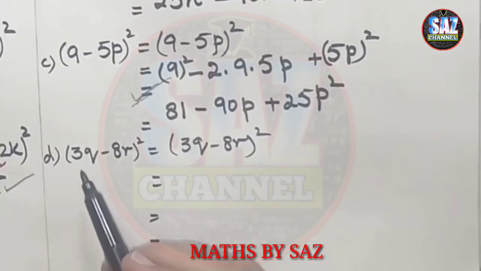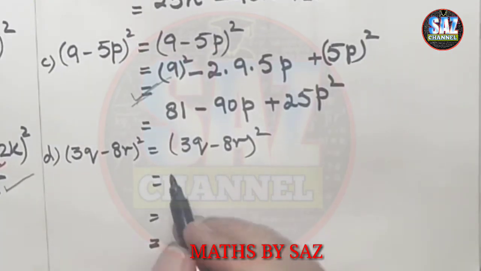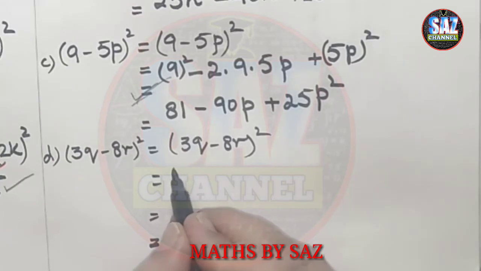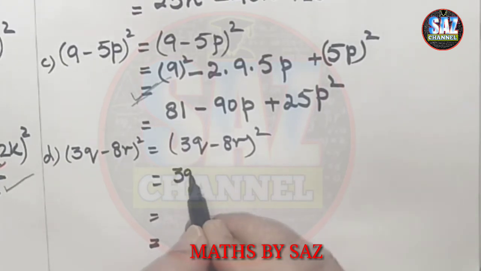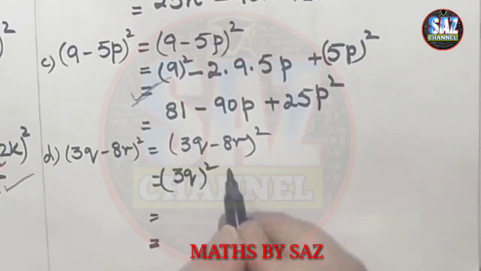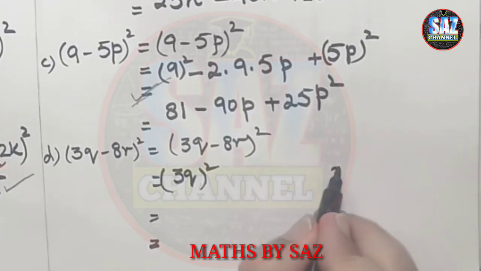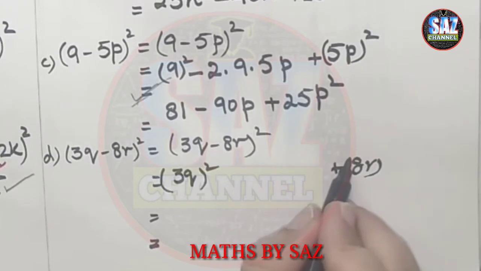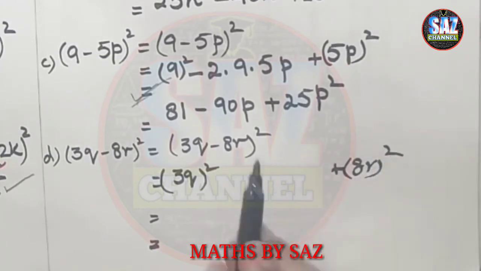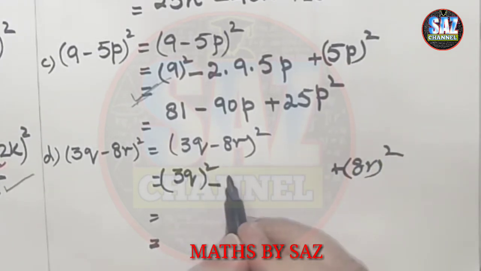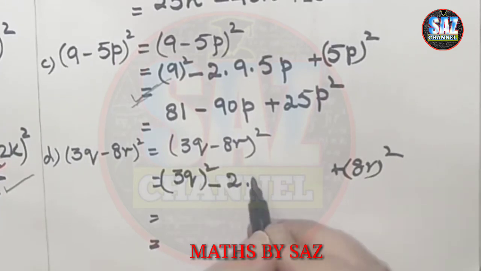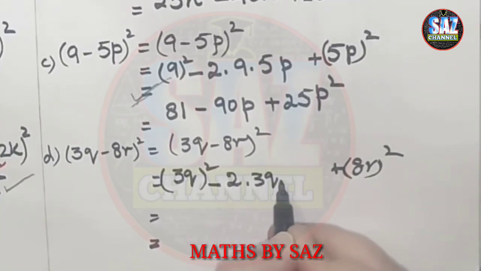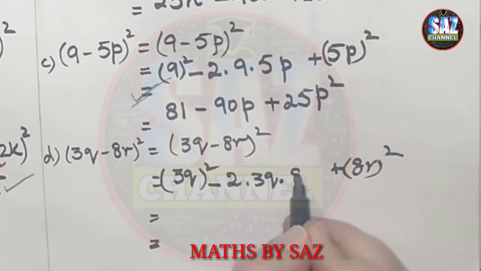The next question is (3q − 8r) whole square. Apply the identity. It will become a whole square, that is 3q whole square, plus b, that is 8r whole square, and at the middle place I have to write 2, a is 3q and b is 8r.